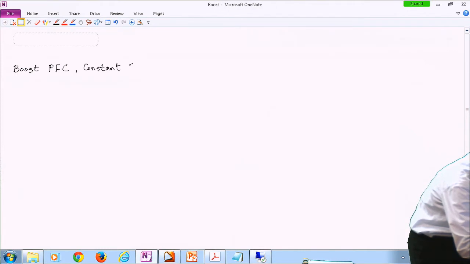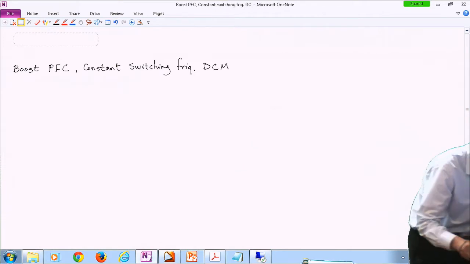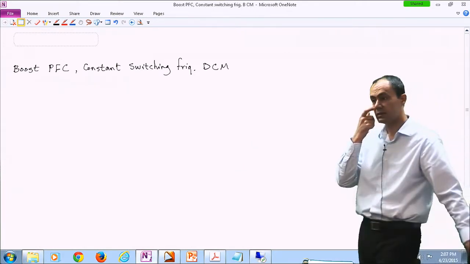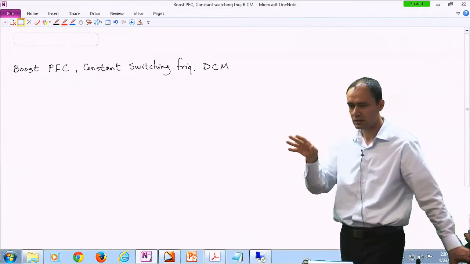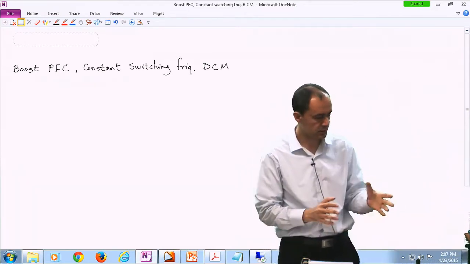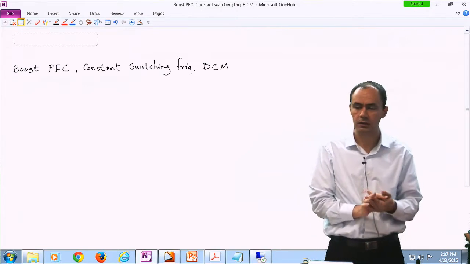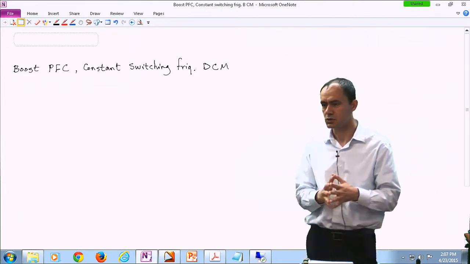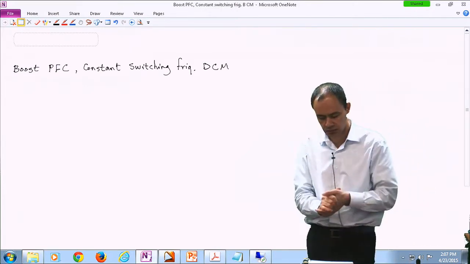I mean switching frequency. And it is also operating under DCM, discontinuous conduction mode. So far in this class, we have been trying to avoid DCM, but this is pretty much one of the most common applications for the DCM, and we are going to see what it is.